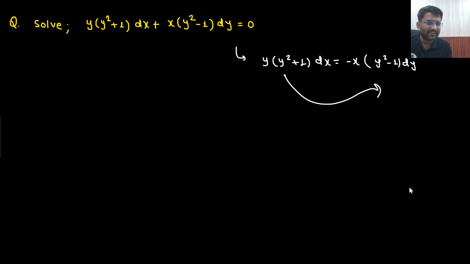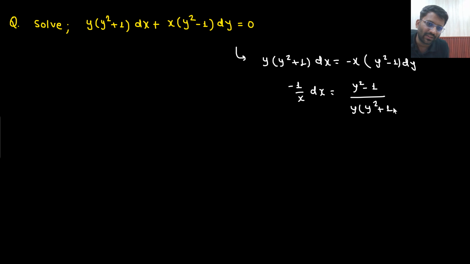So I put these aside: minus 1 by x dx equals y square minus 1 upon y into y square plus 1 dot dy, and then integrate both sides.